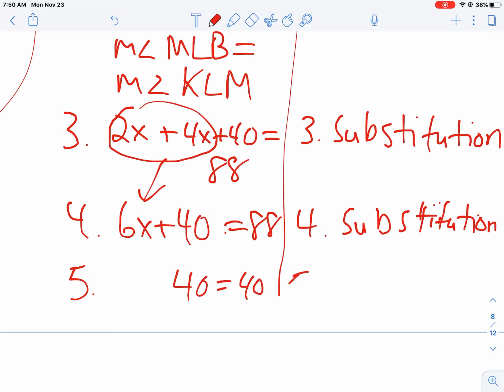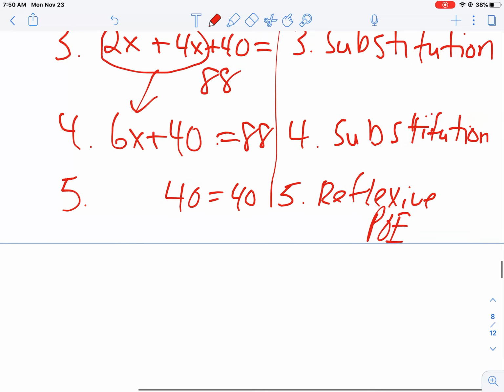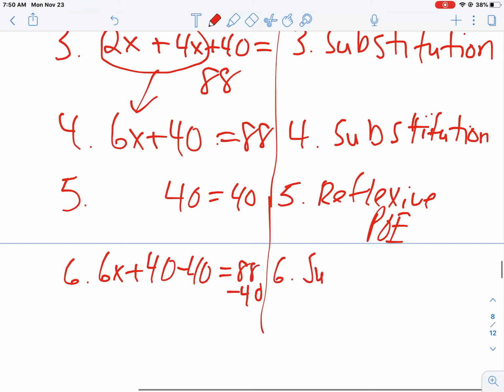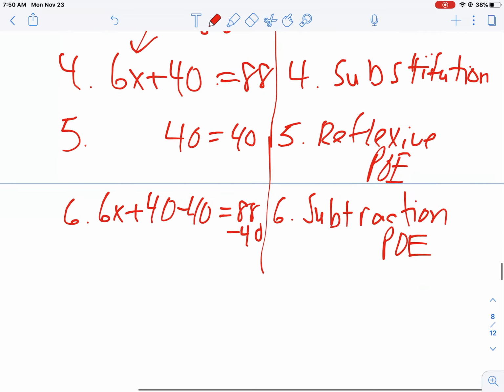Step 5, 40 equals 40. Okay, so I'm going to subtract that 40 eventually, so I need to introduce it as equal to itself. And I'm going to subtract it from both sides. All right, so the subtraction.